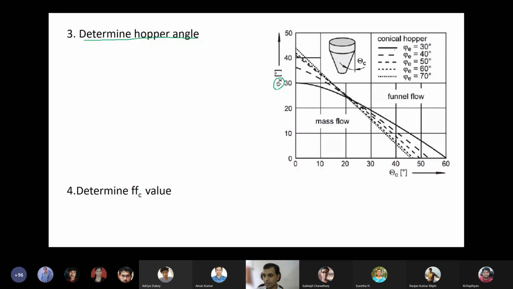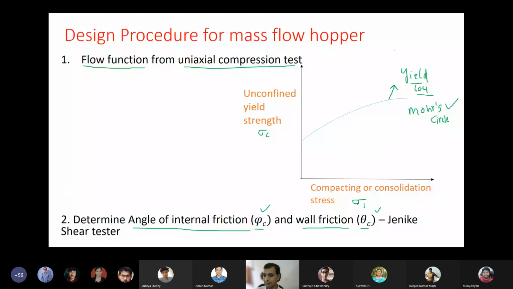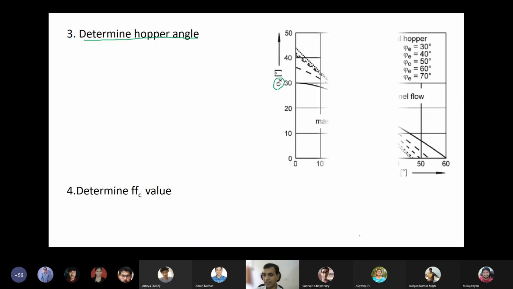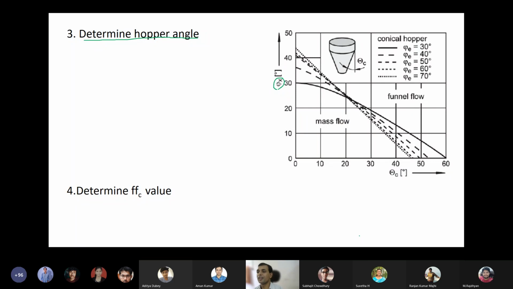Here I showed a slightly different notation: this is X and this is E. Students, I had to refer to a few books to get a proper understanding and present it properly, so there will be slight changes in the notations. Please don't get confused.